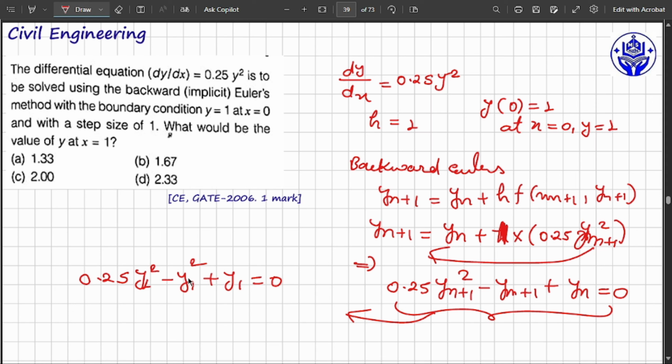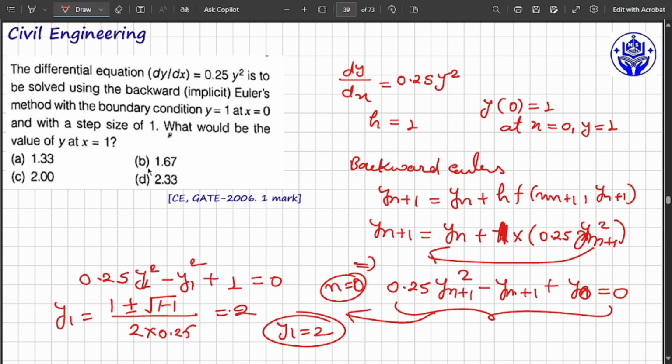If I put n equal to 0, then y0 is 1 here, as defined. So this is my equation, and I will find y1. So y1 is 1 plus minus 1, 1 minus 1 divided by 2 into 0.25. Using the Sridharacharya method, you can easily calculate. So my y1 is equal to 2.